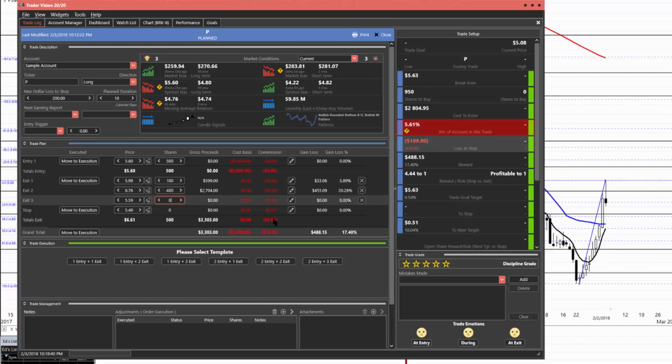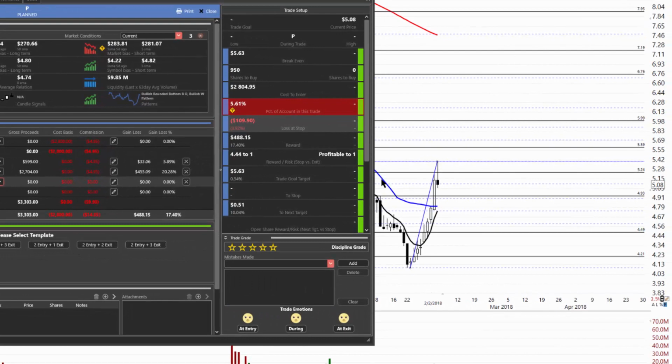And the whole process of trade planning is working various scenarios with these numbers and with the chart to come up with a realistic plan, based on true support and resistance, or Fibonacci's, or however else you plan.